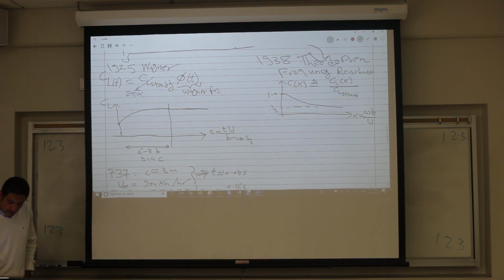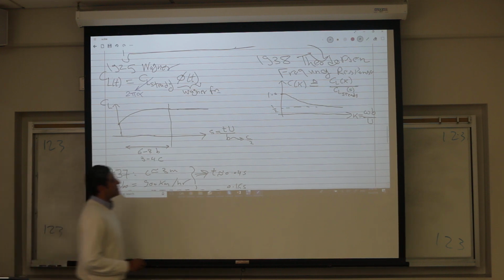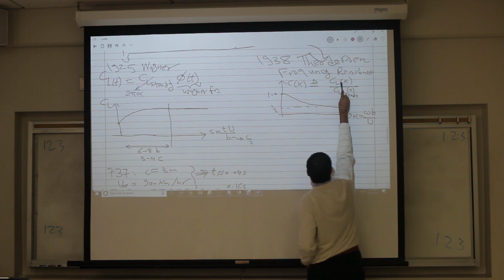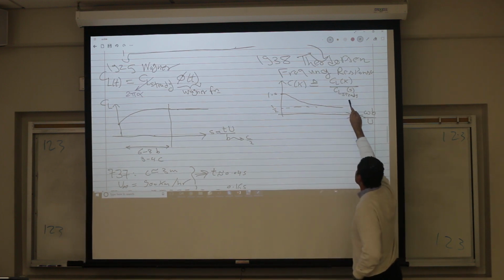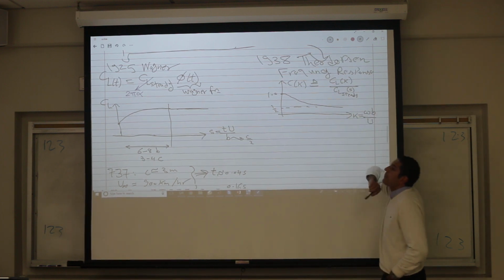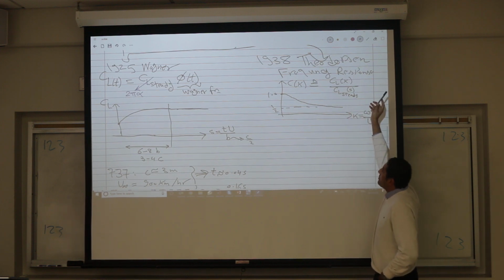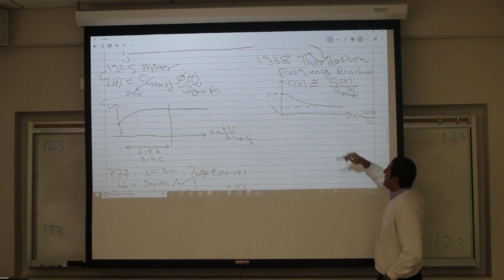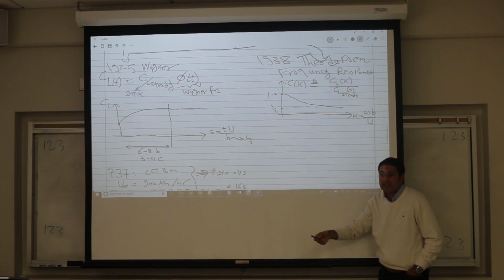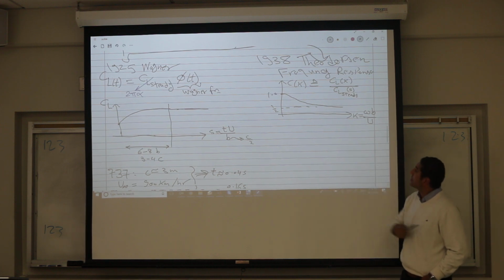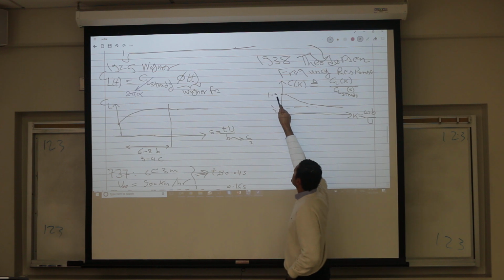For Theodorsen, the input is the steady lift. So how much unsteady lift will you get out of your expected steady value? If you're operating steadily, you will get some steady lift, which is 2 pi alpha. But now, because I'm doing it fast, I'm losing some lift. You can see here that the ratio is unity, and it's the maximum value, at 0 frequency.